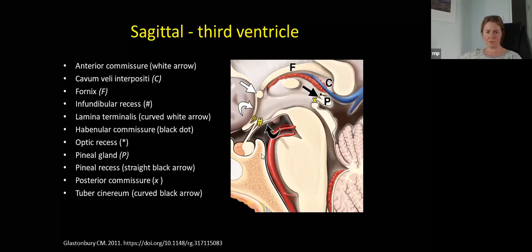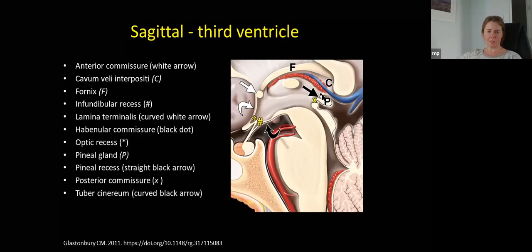So this is a sagittal, so pituitary stalk. This is obviously the clivus, the sella, basilar artery, PCA, superior cerebellar. This is the pons and the midbrain. So if we go above here, we have the pineal gland. And there's a tiny little recess here called the pineal recess, this black arrow here.